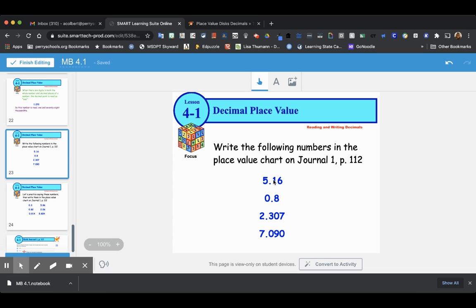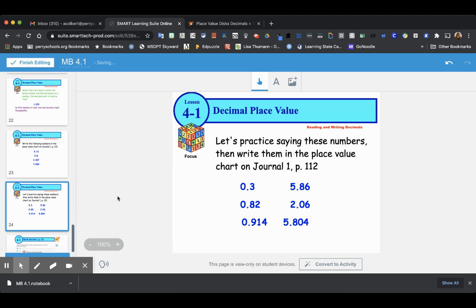The correct way of saying this, and I would like you to practice saying these the correct way as well on your own: 5 and 16/100ths, 0 and 8/10ths, or just 8/10ths, 2 and 307 thousandths, and then finally 7 and 90 thousandths.